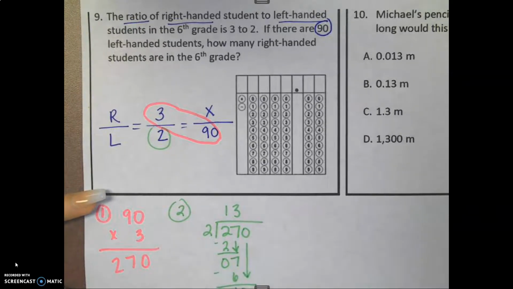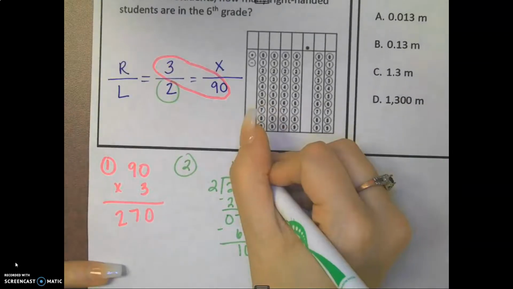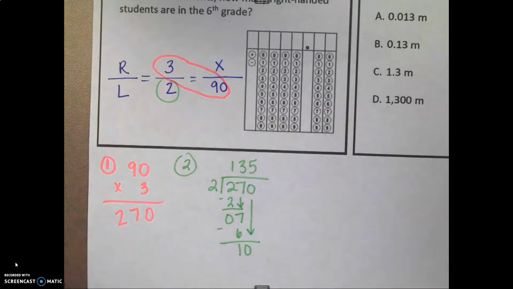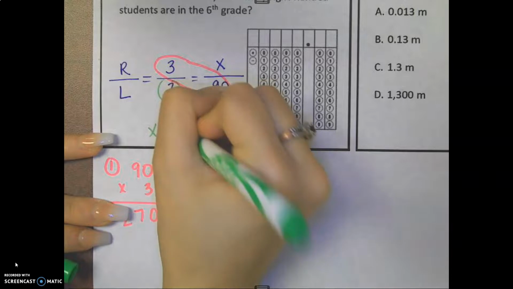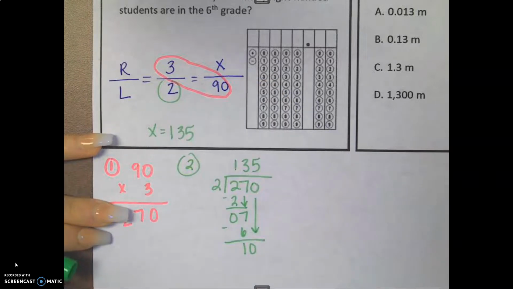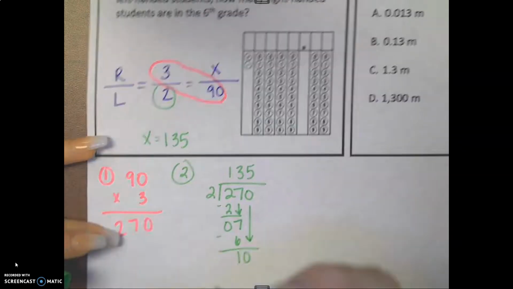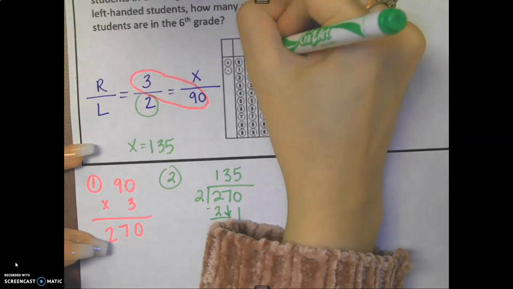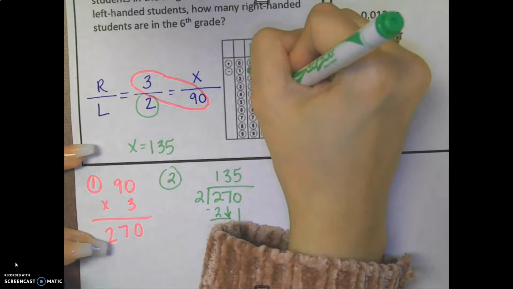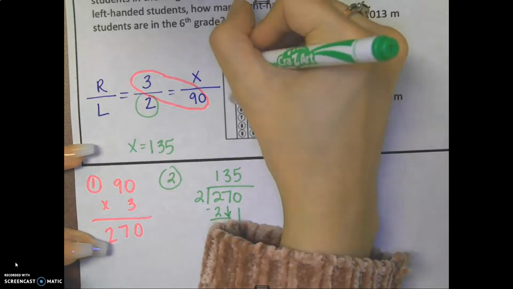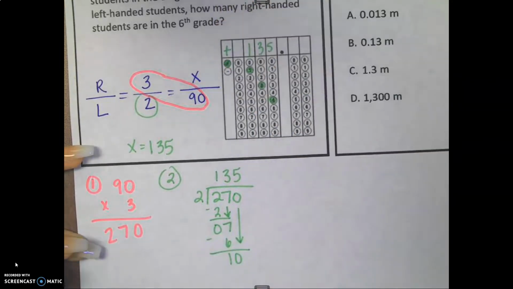Bring down the 0. And then 2 goes into 10 5 times. So my answer would be 135. And remember, with whole numbers, my decimal is all the way to the right. So 135 decimal. And then don't forget your sign, write it and bubble it in.